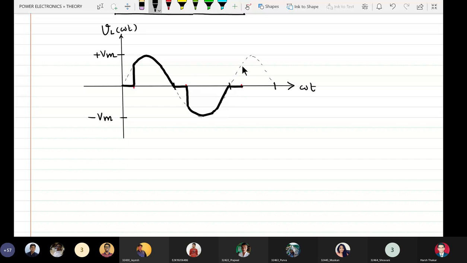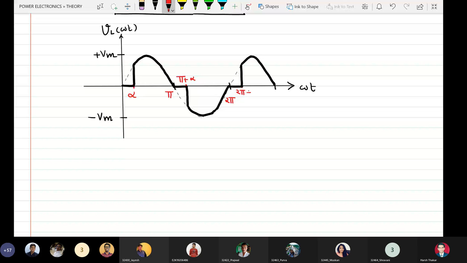Nothing from 2 pi to 2 pi plus alpha. Okay. So we have alpha, pi, pi plus alpha, 2 pi, 2 pi plus alpha, and 3 pi.